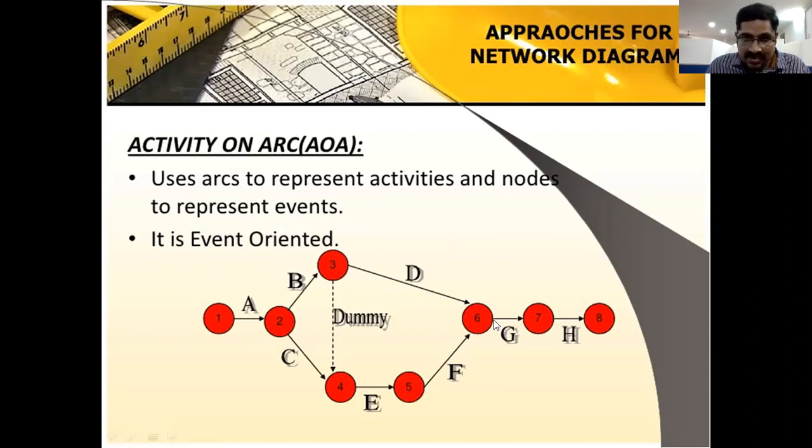Suppose in this diagram, 6 and 7 are the two events, event 6 and event 7, connected by one arrow.